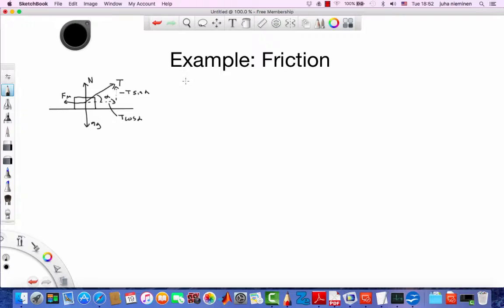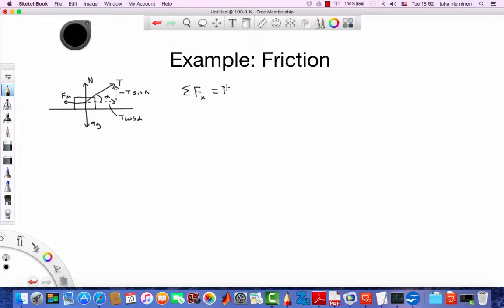We solve this problem just by using Newton's laws. This is a static problem because there is no acceleration, so we stick with Newton's first law, first of all in the x direction. What do we have in the x direction?